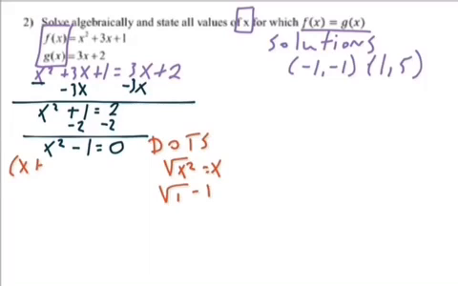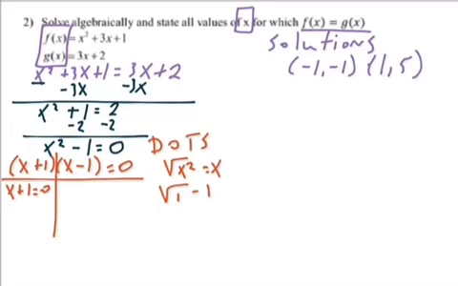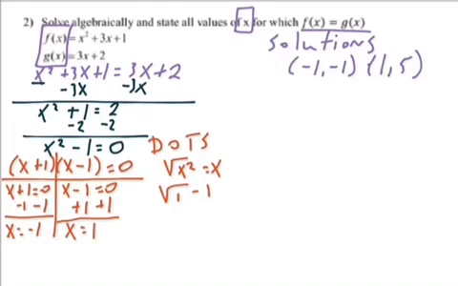So you would get x plus 1 times x minus 1 equals 0. Make a t-chart. x plus 1 equals 0. So minus the 1, and x equals negative 1. x minus 1 equals 0. Add the 1. x equals positive 1.